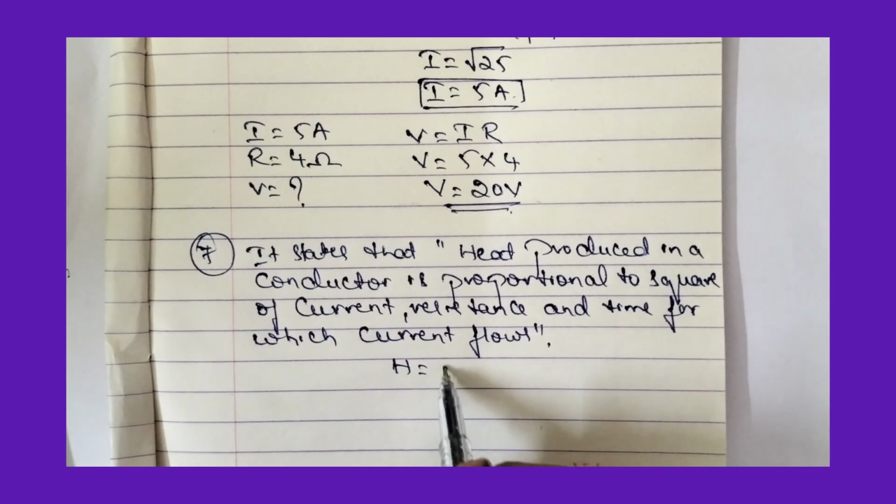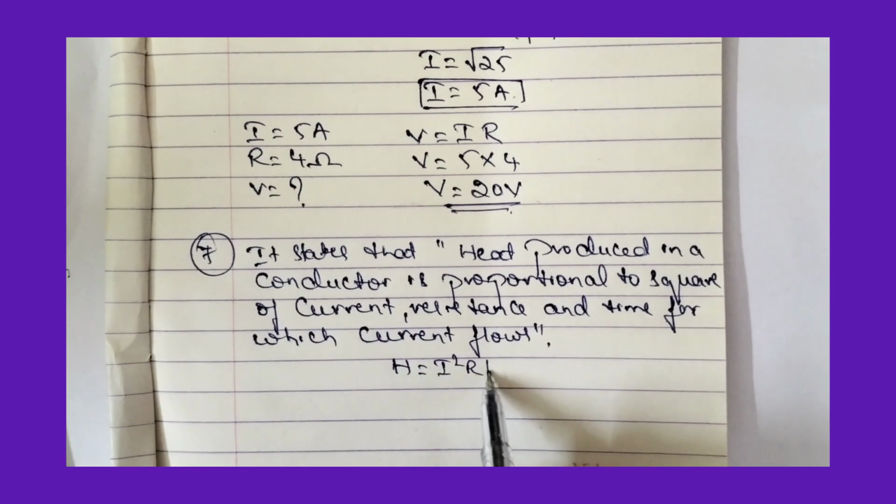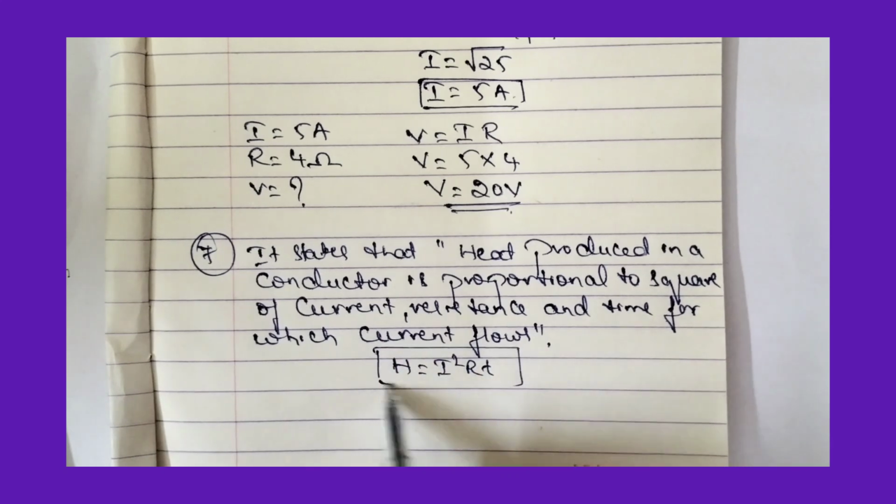According to Joule's law, H is equal to I square RT.